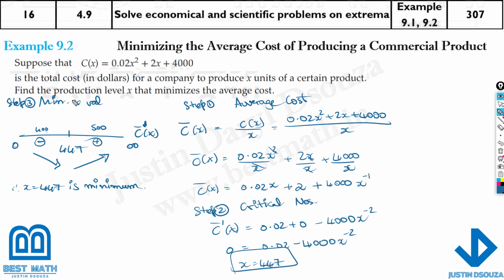You can write it, or you can just write the same question over here: the production level x equal to 447 to minimize the average cost. So that is how we solve it. The x value must be 447, and then we will get the minimum cost for this particular equation.